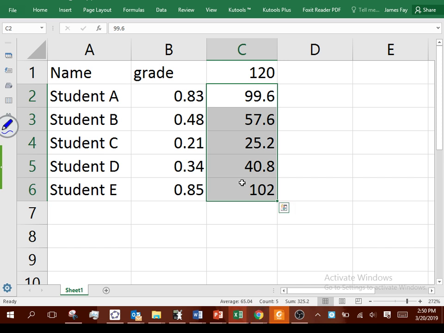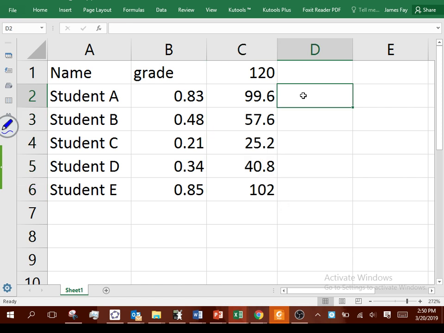Does that make sense? So what Excel and Google Sheets allows us to do is to take this number here, okay? So whatever's in that cell, okay? So right here it's 99.6. And I can then divide that by that cell. And now there's some syntax here that we have to be knowledgeable about to get this to do this correctly.